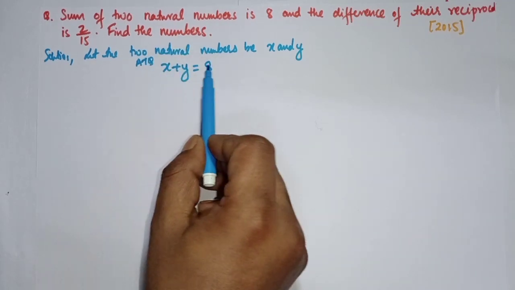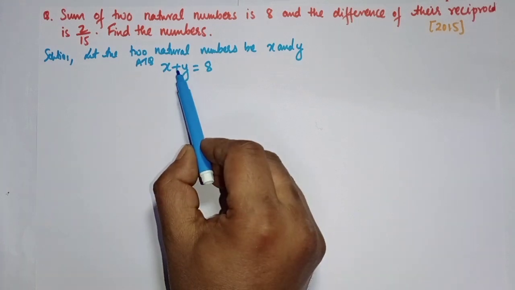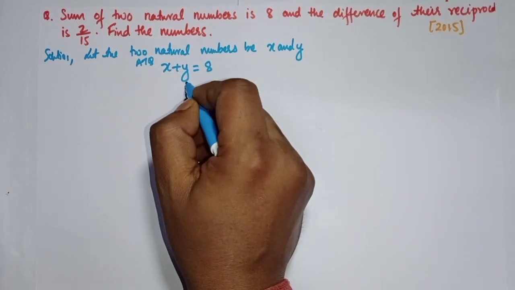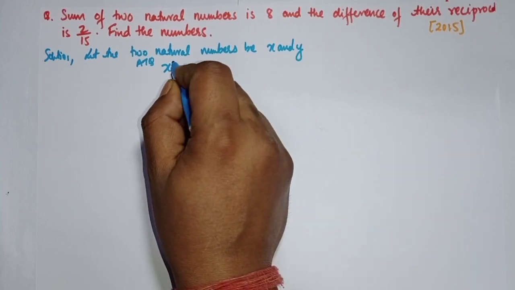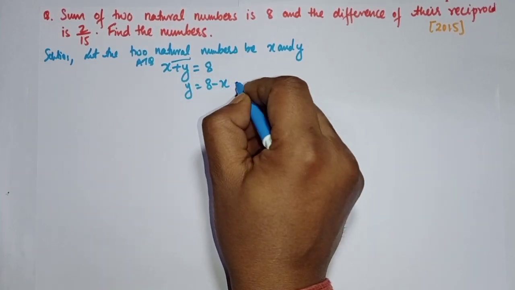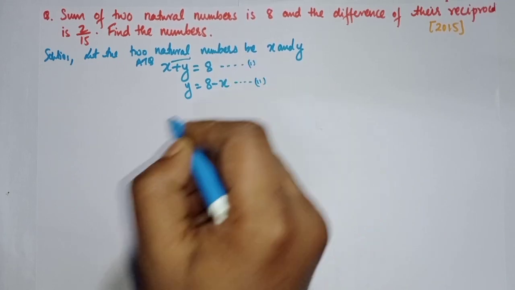Yes or no? x plus y is equal to 8. Since it's a quadratic equation, we always have to form it in x or in y. Maximum times we do it in x. So I don't need this y. So y equals 8 minus x. I am taking this x to that side. So this is my 1 and this is my 2.